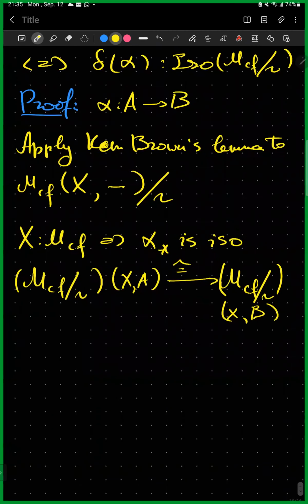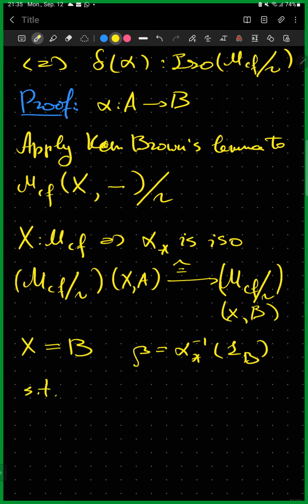We can put X to be B. Then there exists beta, which is just alpha star inverse applied to the identity of B, such that the composition of alpha and beta is homotopic to the identity on B. Well, it is equal as homotopy classes, which means that alpha beta is homotopic to the identity on B. In particular, this implies that alpha beta alpha is homotopic to alpha.